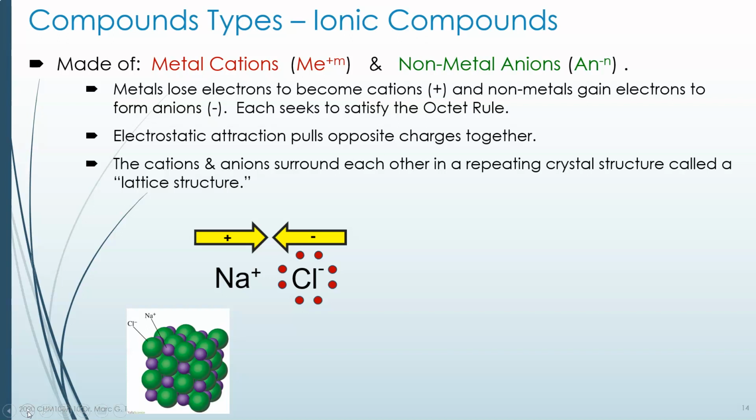In fact, that sodium being positive attracts chlorides all around it, and the chloride being negative attracts positives all around it. And you end up making what we call a lattice structure. This structure where every ion is surrounded by ions of the opposite charge, making this large complex structure.